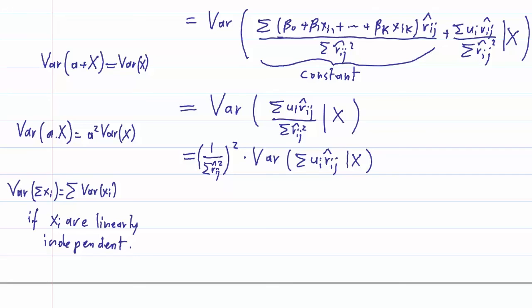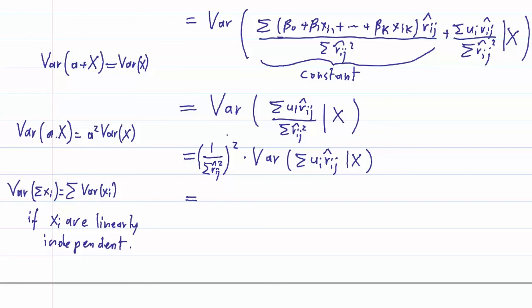Here we have conditioned on the r's, so on the x's, so r is constant, and we have just the ui's that are variables, and we assume that they were independent. So here we have a sum of independent variables, so we can actually bring the variance inside the sum sign.